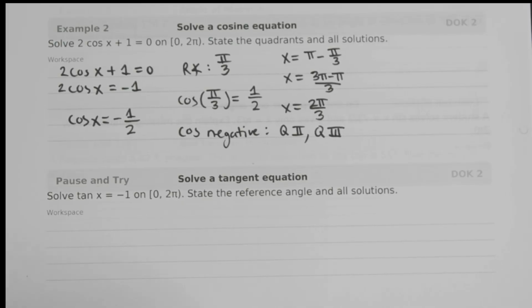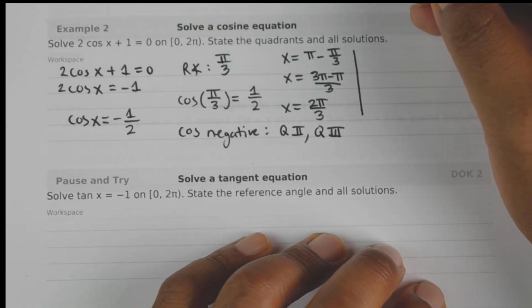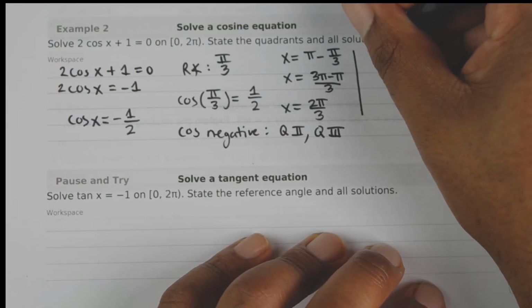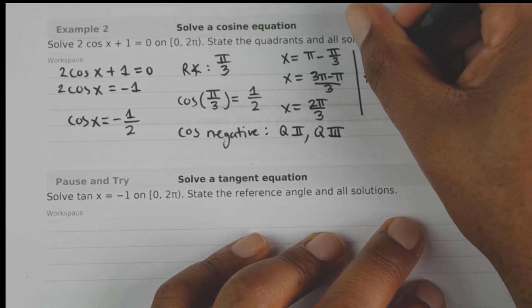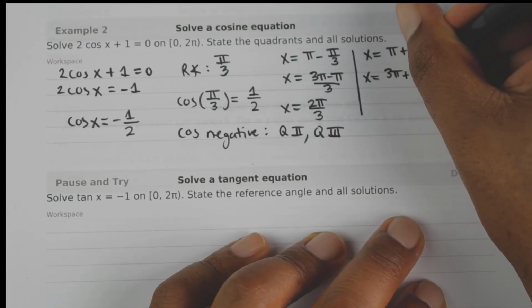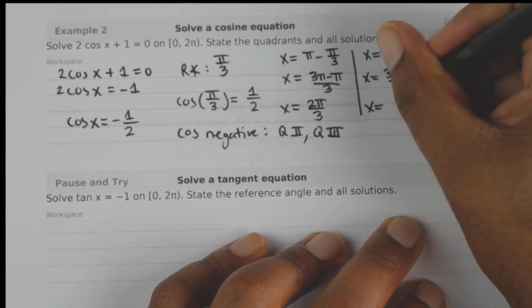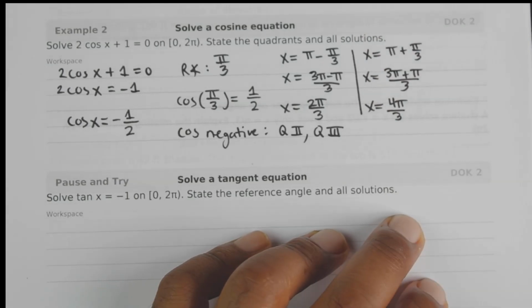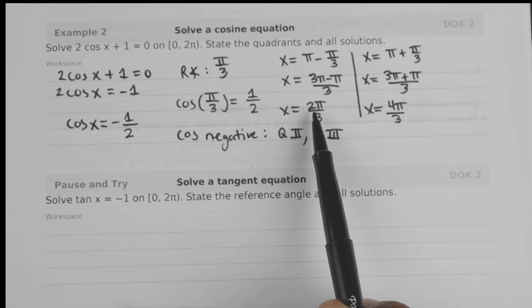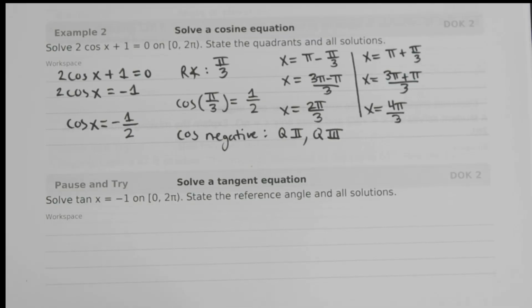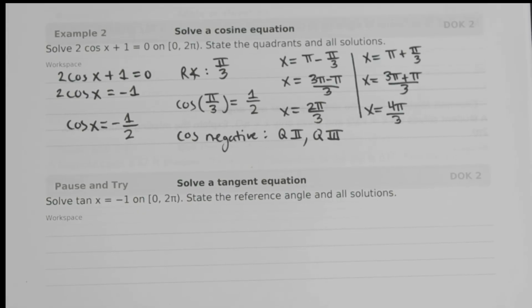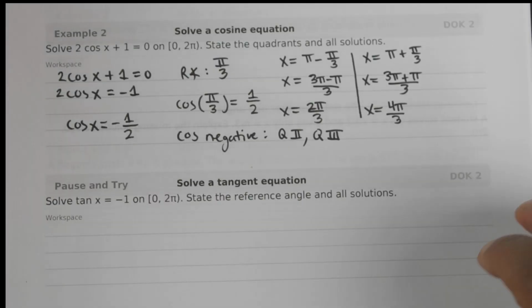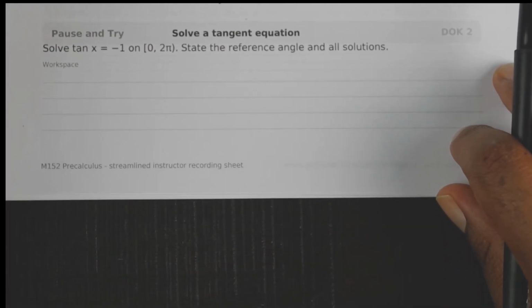And then in quadrant number 3, the angle would be pi plus pi over 3, which would be 3 pi over 3 plus pi over 3, which would be 4 pi over 3. So the solutions would be x equals 2 pi over 3 and x equals 4 pi over 3. So those are the two angles in 0 to 2 pi where cosine equals a negative 1/2. Pause and try the problem below.